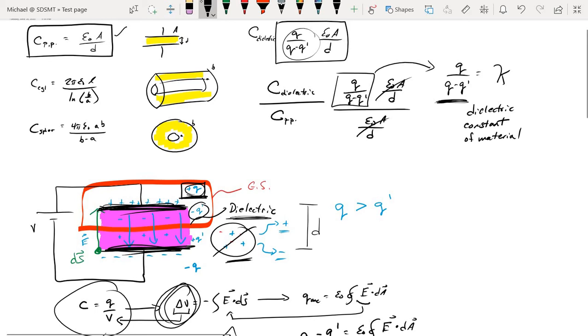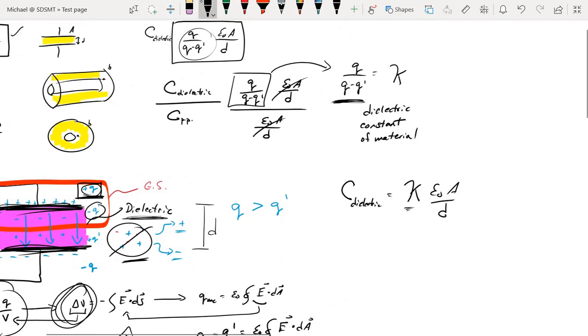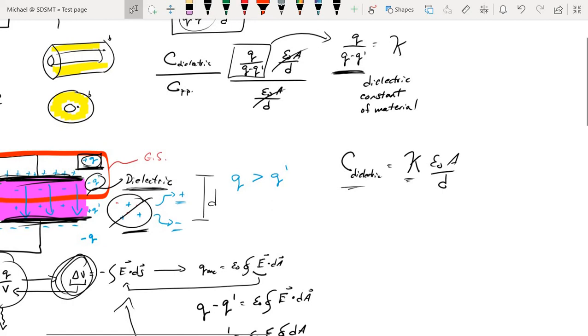And so if we have a capacitor with a dielectric material in between the plates, I'm now going to take the charge ratio out and I'll replace it with kappa. Well, the greater that kappa value is, the greater the value of the capacitor that I'm going to be able to build.